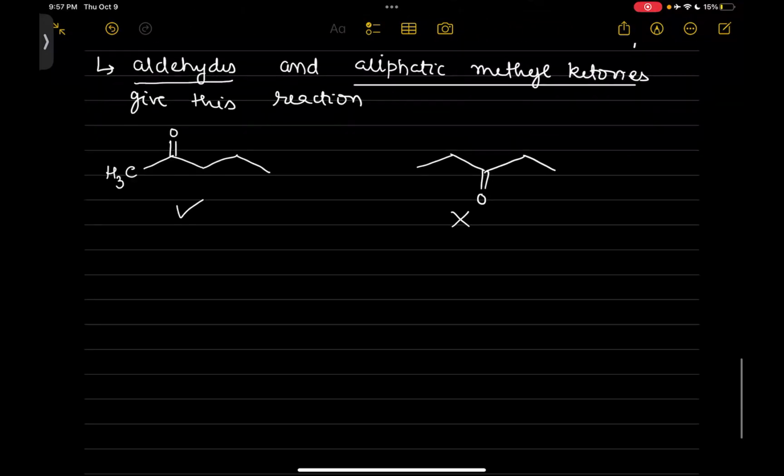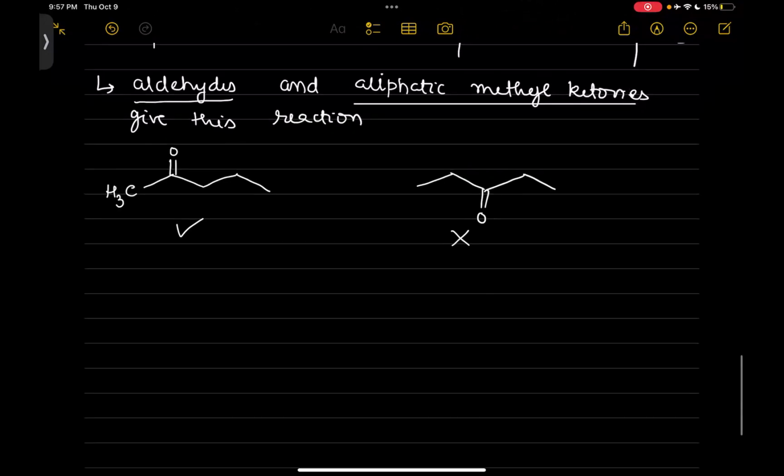Next, you can also separate them. When you treat them with NaHSO3, this is going to react and form a white crystalline solid.